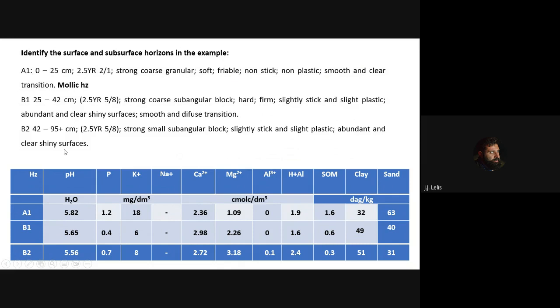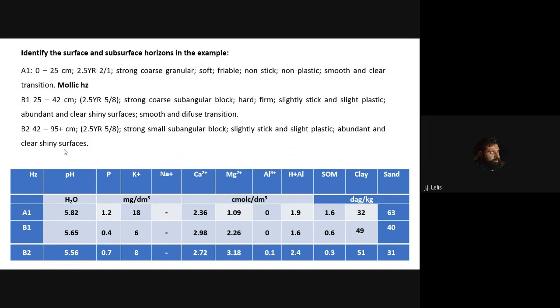And you should remember, if we have shiny surfaces, we should always think of specific subsurface horizons, the argic and the natric horizons. The difference between them is that the natric horizon should not possess an increase of clay content in the subsurface horizon. So it does not possess a substantial increase of the clay content in the subsurface horizon.